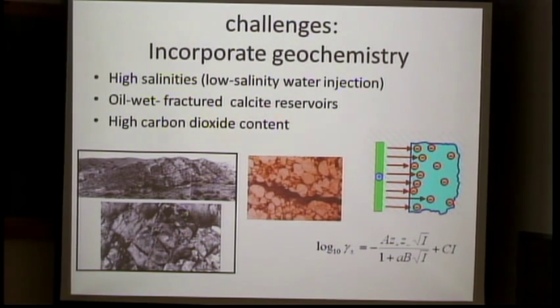Another issue is that we'll have an unusual situation of calcite reservoirs that are really oil wet. And I guess the reason is that oil has been there for quite a while. And another issue, which is, I guess, determining the whole thing, is that we have a large amount of carbon dioxide in the reservoir.